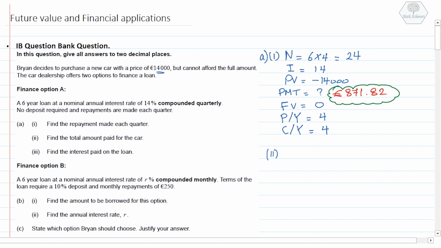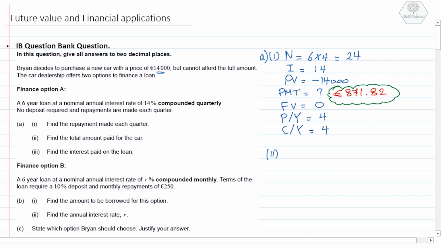For part double I, we need the total amount paid for the car. We need to use the same process.